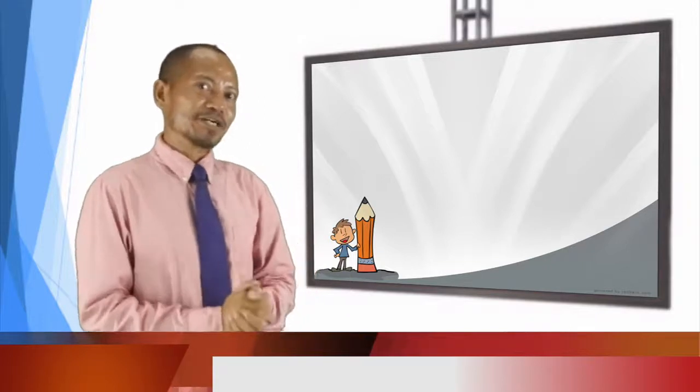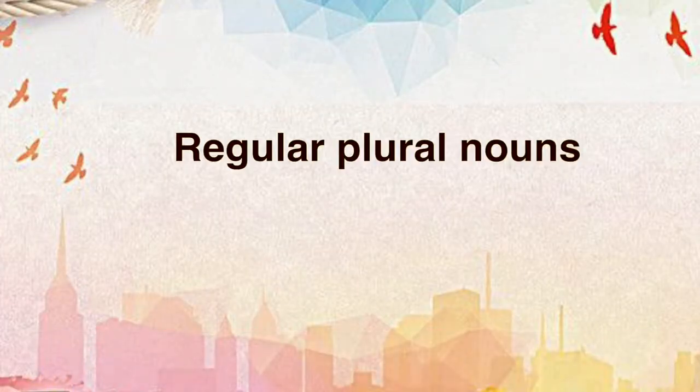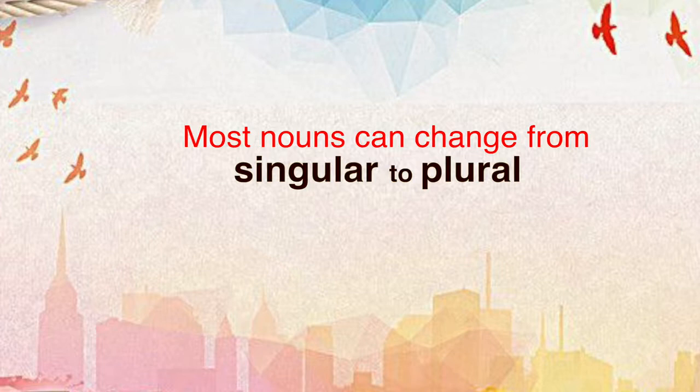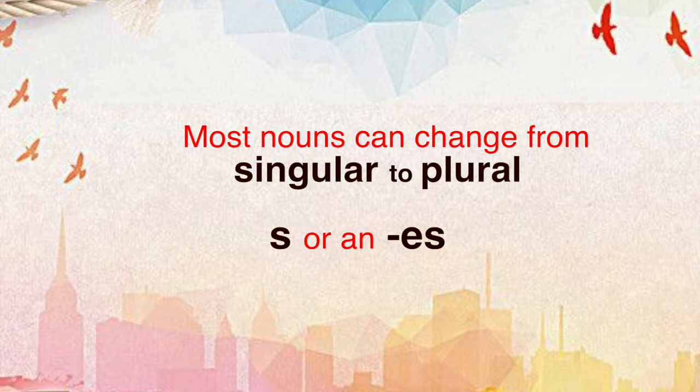Now, let's come to this part: irregular plural nouns. Most nouns can change from singular to plural with the simple addition of an s or an es at the end of the noun, as in the previous explanation.